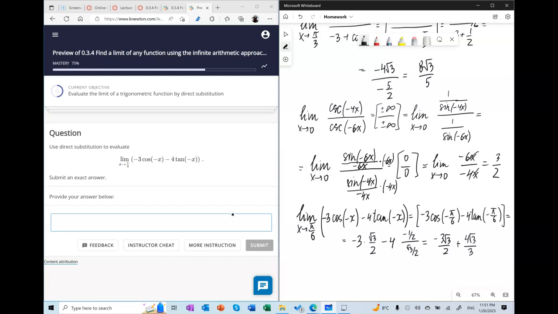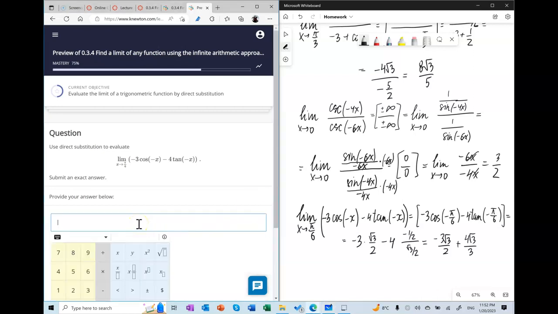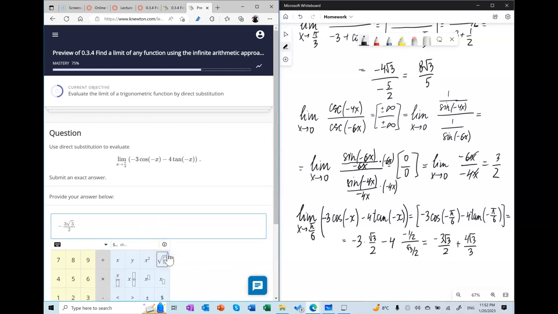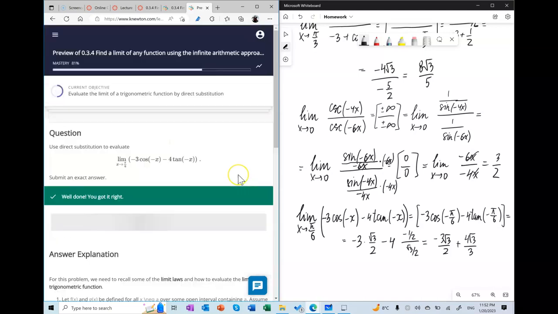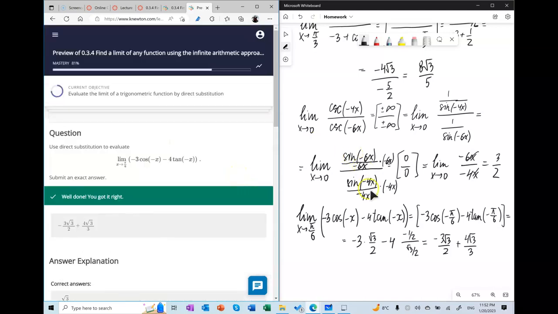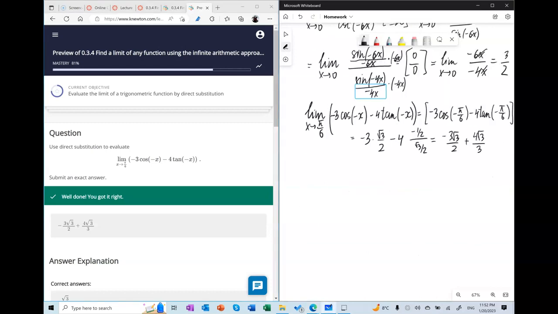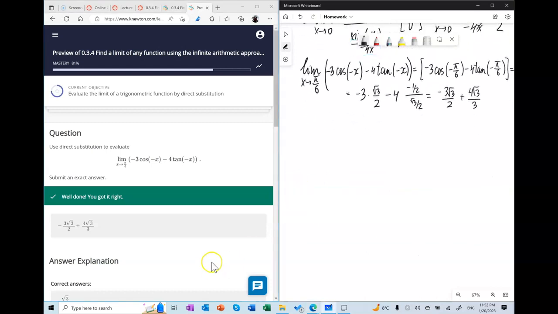Rationalizing the denominator, and I don't want to find the common denominator and all that stuff, so I'll just enter it like this: minus 3 radical 3/2 plus 4 radical 3/3, and it should accept it if it's right. Yep, that's very nice of Newton to accept this answer.